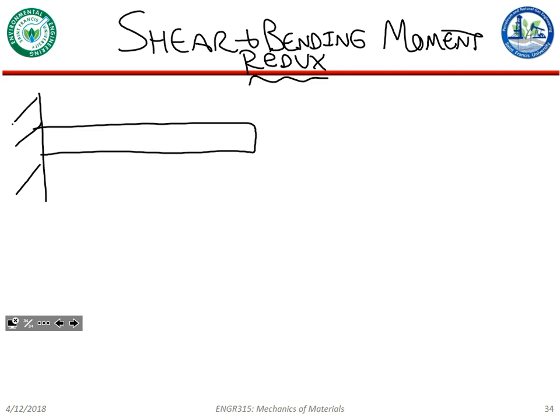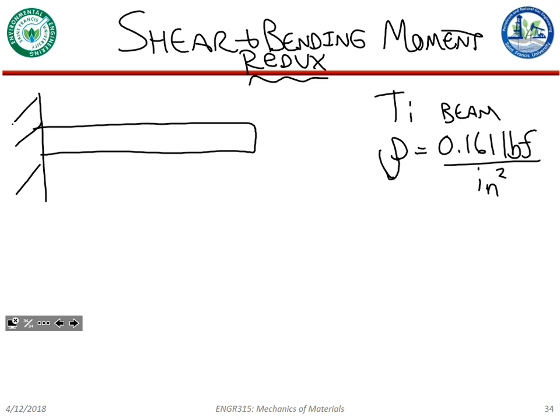Say that this beam is made out of titanium, which has a density of 0.161 pounds per cubic inch. Okay. Yeah, I don't need anything more than that. Cool. All right.